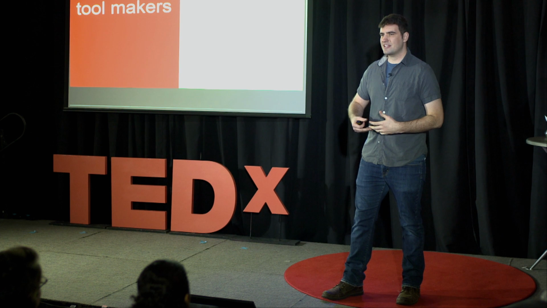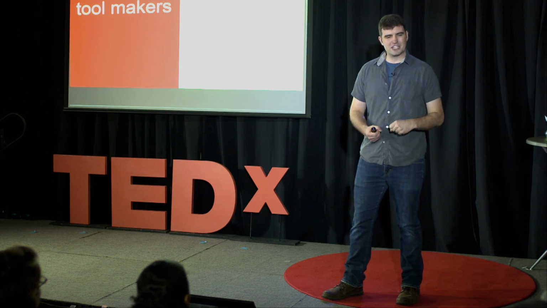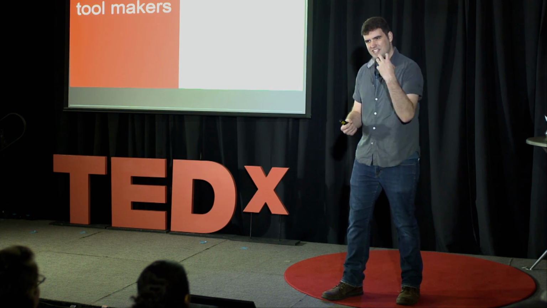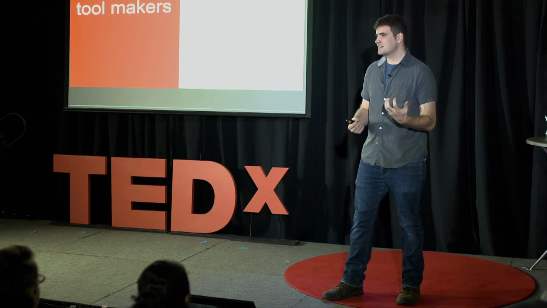Right? The one that we're all really familiar with is that humans are special because we can make tools. We're a technology-based species, and that's what's at the sacred core of who we are.